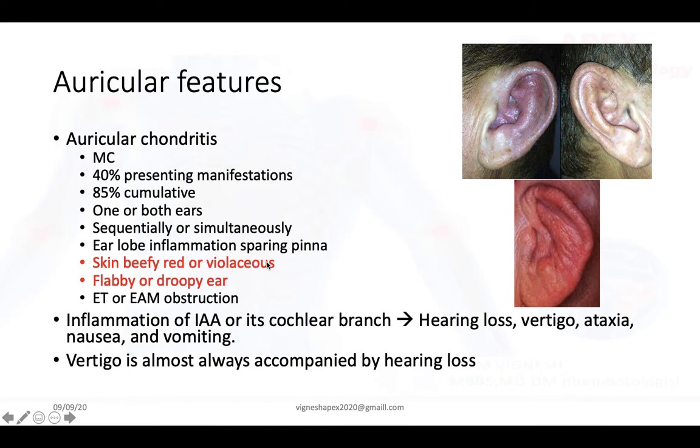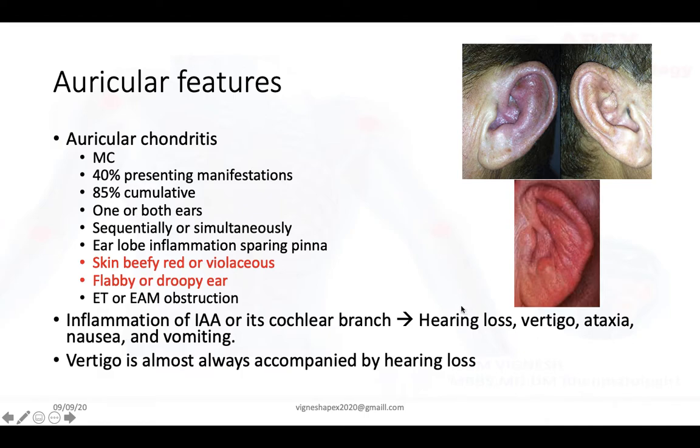But if at all you have a vasculitis of the internal auditory artery branch or its cochlear branch, the cochlea would lose its blood supply and there would be a problem with hearing and balance. So the patient would be having hearing loss, vertigo, ataxia, nausea, vomiting, all because of your vestibular system dysfunction.